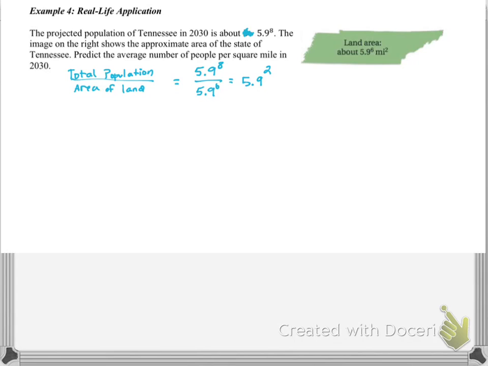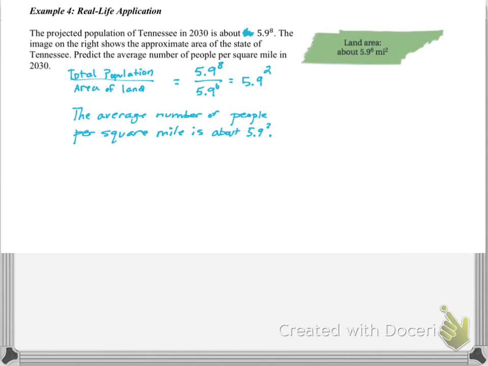So the average number of people per square mile in 2030 is going to be 5.9 squared people. Just writing a sentence here, since it's a story problem, I'm writing a story at the very end.